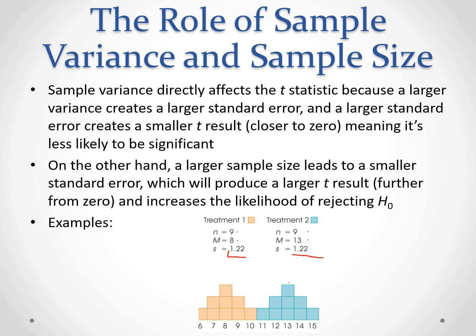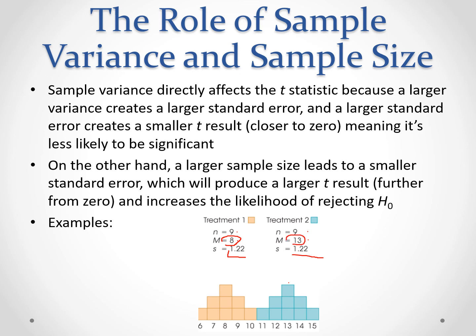Treatment 2 is definitely higher than treatment 1. There's no overlap. There's clearly a difference. And so if I were to calculate the t-value, I would probably have a significant difference between treatment 1 and treatment 2. So remember that the means are 8 and 13.